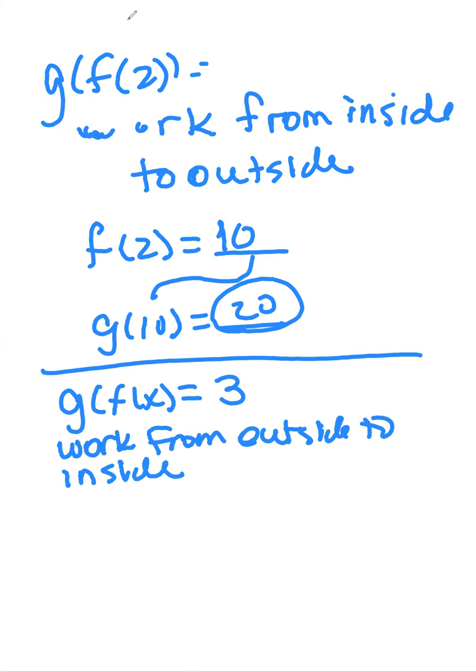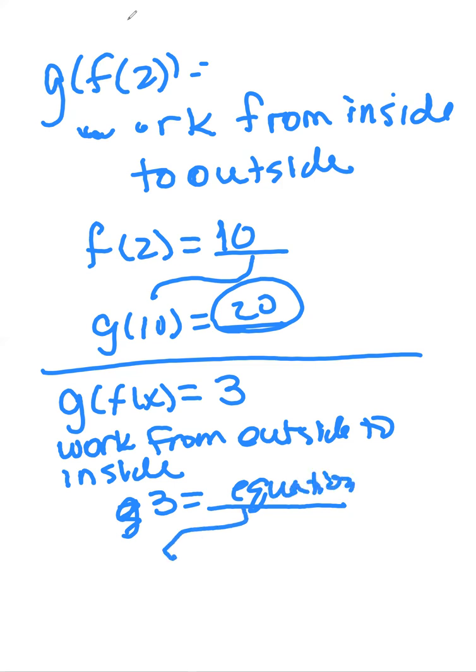Okay, so this would be g, so 3 equals your equation. Solve the answer, and then you're going to get that answer is equal to your other equation. So that would just be kind of how you work the problem. And I know you've done that before, so we're not going to spend a lot of time doing that.